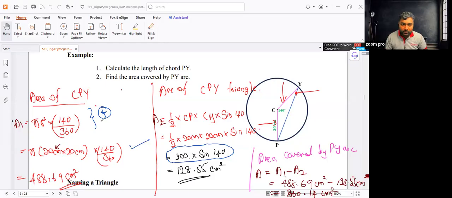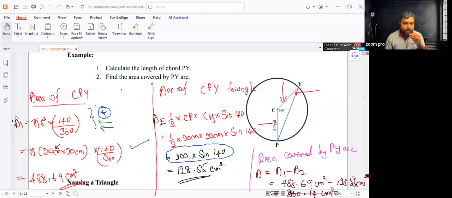Writing this step is very important, because if you can see the correct equation, you can substitute it correctly.